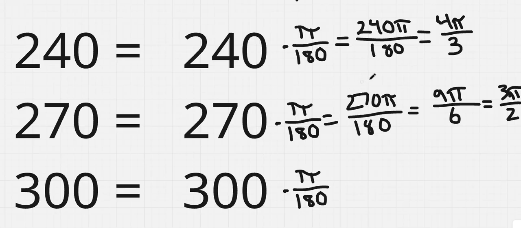So really we should have reduced by 90. 9 goes into 270 3 times, and 9 goes into 180 2 times. So 90 is the greatest common factor of 270 and 180.